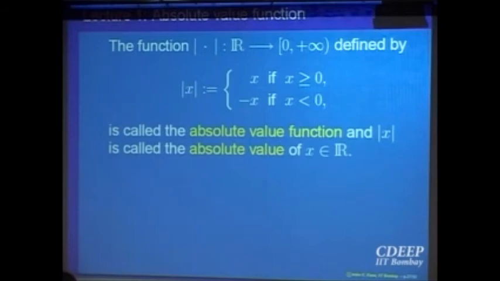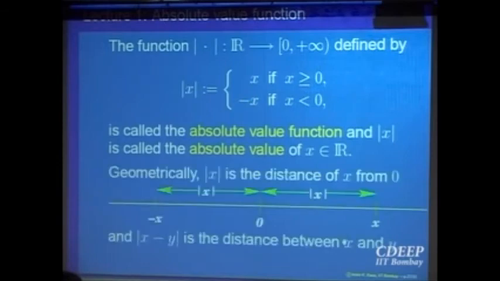And mathematically it is defined as mod x, or absolute value function. Absolute value of x is x if x is bigger than or equal to 0, minus x if x is less than 0. So this is the picture. This is the point 0, this is the point x, this is the point minus x. So whether here or here, it doesn't matter. That is absolute value. So what will be the distance between 2 points x and y?